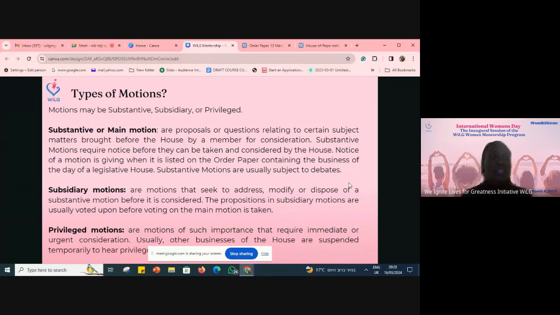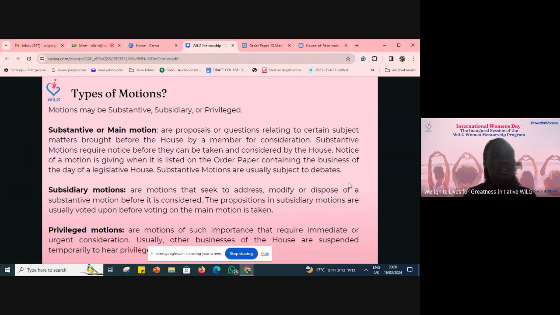So sometimes when you stand up and you're moving your motion in court, I'm so sorry, I said court. I'm a lawyer, sometimes I can't help it. When you're moving your motion at the floor of the House, somebody can stand up and say, point of order. And when they say that, that means they want to bring a substantive motion.